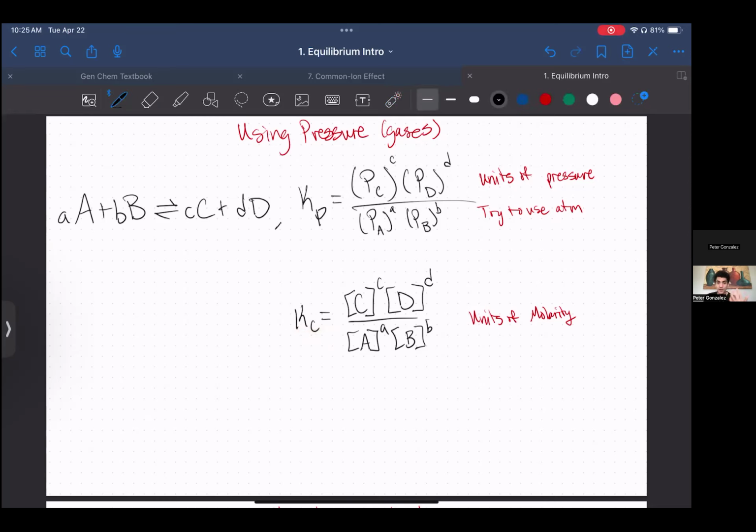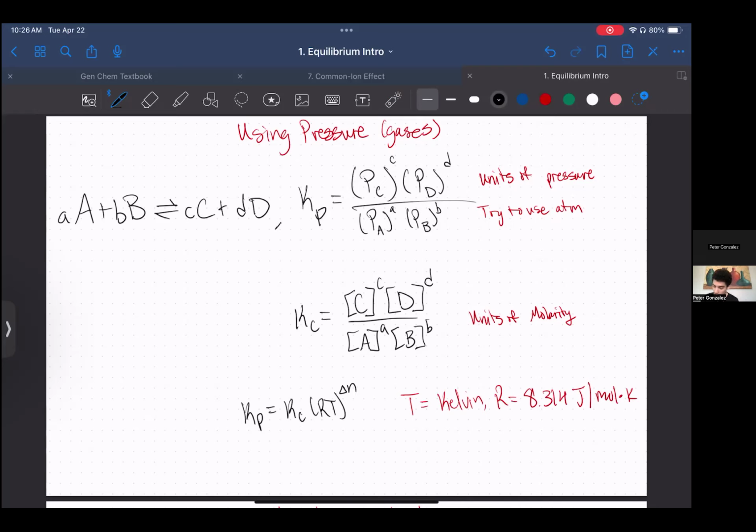So if you want to interconvert between them, we say that Kp is equal to Kc, and then you multiply this by RT, where T equals temperature in Kelvin, and R is equal to 8.314 joules over mole Kelvin. With this RT term, we have a delta n in the exponent.